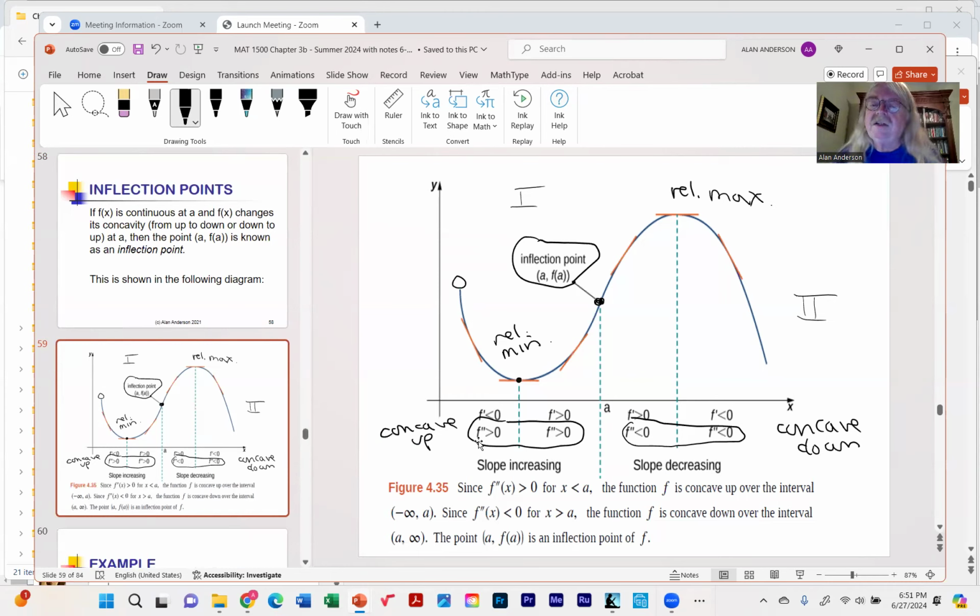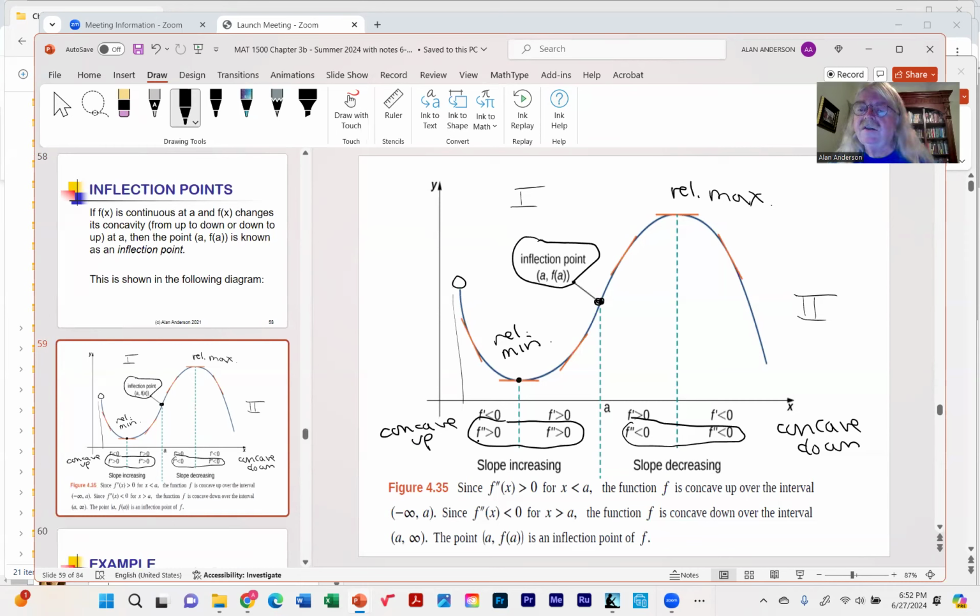We have the positive second derivative, and that means within this interval, let's say this is the beginning of our interval, we know that the function is concave up. Now, we hit this point, A, where all of a sudden, look what happens. After that point, the slopes are becoming positive, 0, negative.